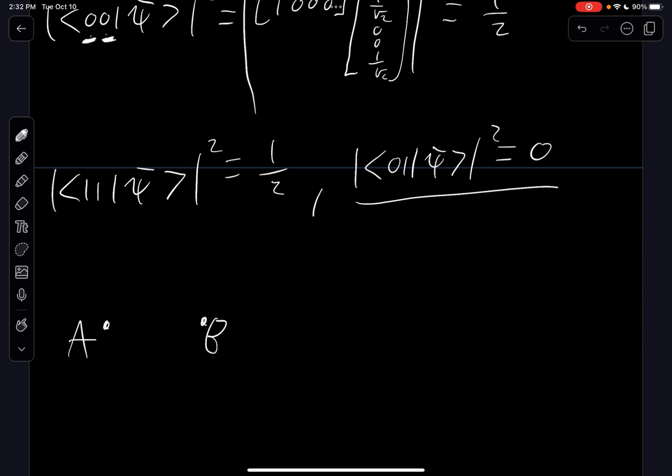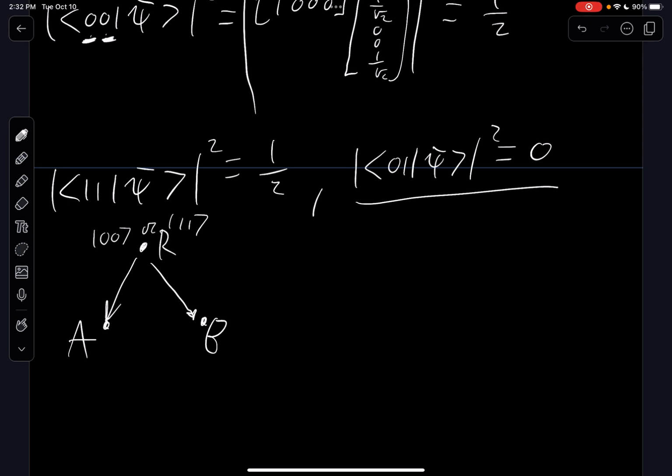And they agreed with another party, let's call it R for referee, that the referee will either prepare the 0-0 state and send one half of it to Alice and Bob, or the 1-1 state and send one half to Alice and Bob. And the referee won't tell Alice or Bob which state they're going to send, just that they choose this completely at random.